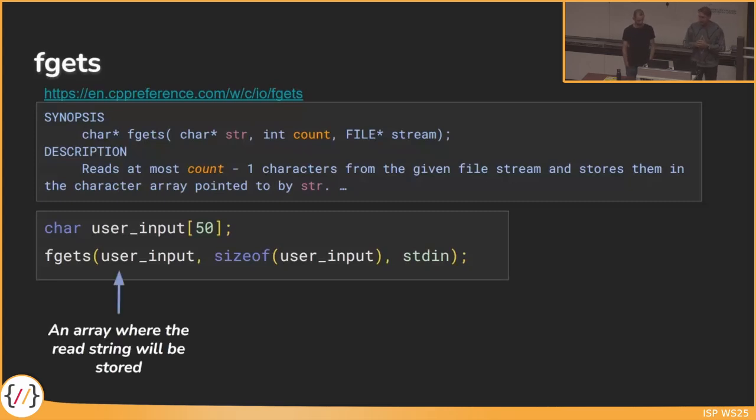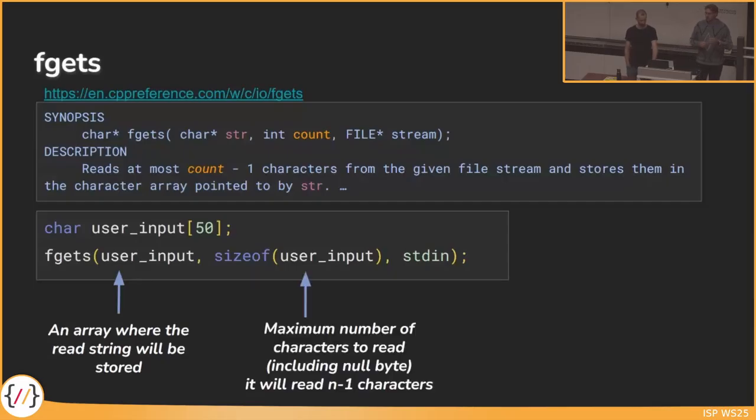And the second parameter is the number of characters that should be stored in this character pointer, so in this string. And what we have to take care of when we use fgets is that this already includes the null byte. So we can only read actually n-1 characters, and the very last character is the terminating null byte.